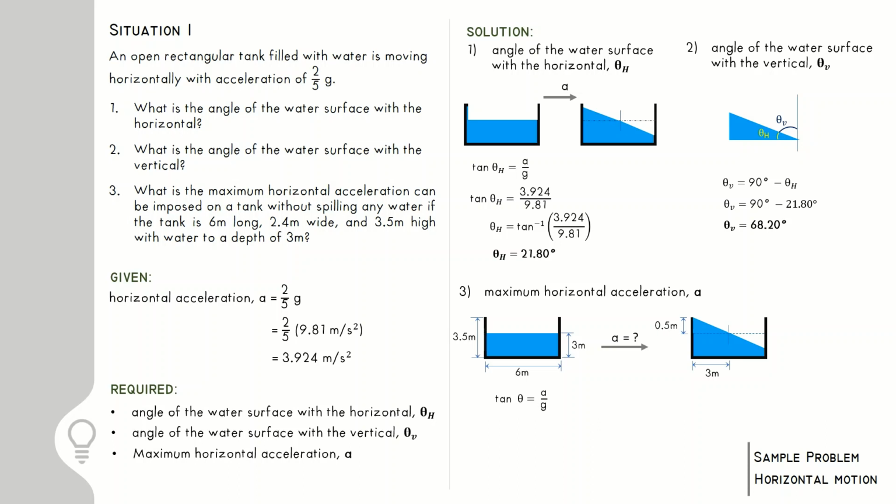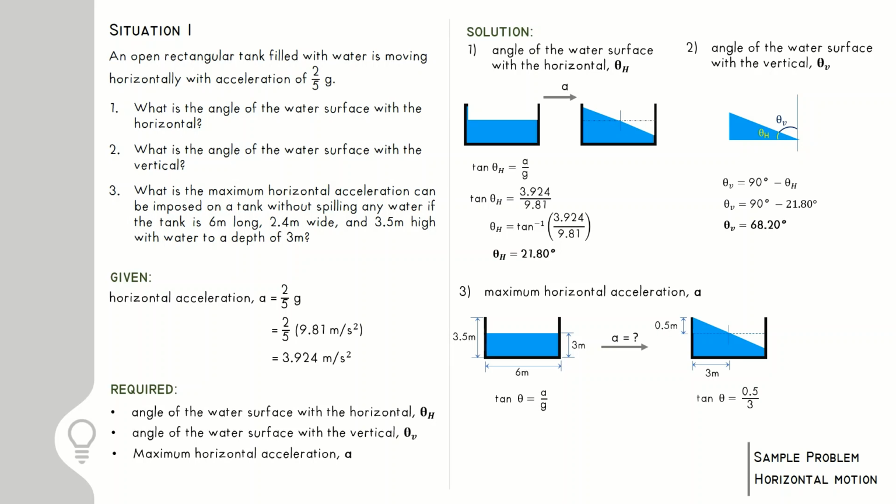So using the formula tangent theta equal to A over g, with the tangent function, the opposite of the angle formed is 0.5 meters, since 3.5 minus 3 meters is 0.5. And it will always occur at the center of the water surface. What will add up here will be the same volume that was missing here.